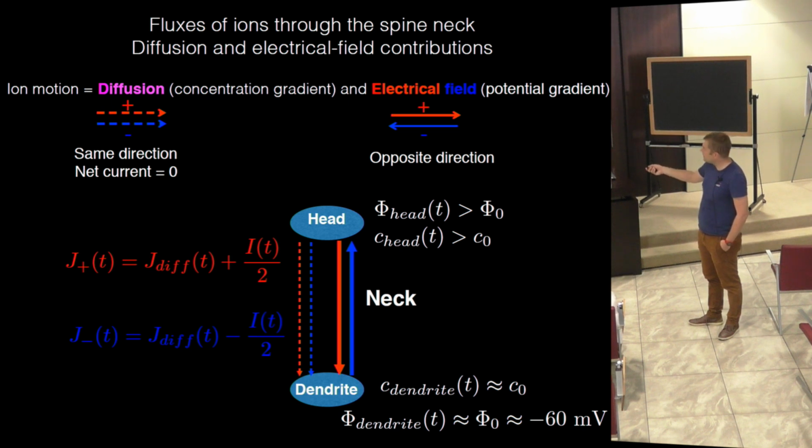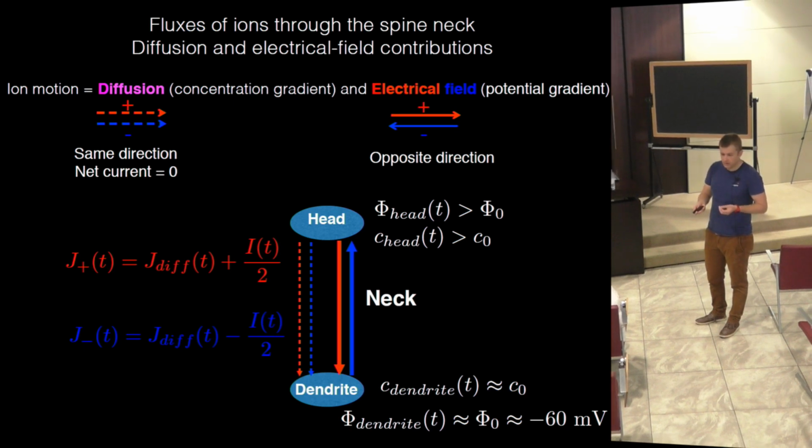So if you have mobile negative charge, you are going to take some negative charge from the dendritic reservoir and put it in the head. And the gradient of concentration, initially, when this voltage increases, is not that large, because even with few charges you can have a big change of potential.